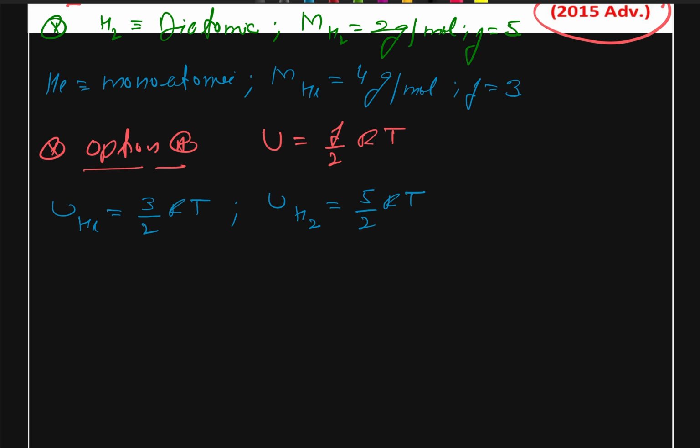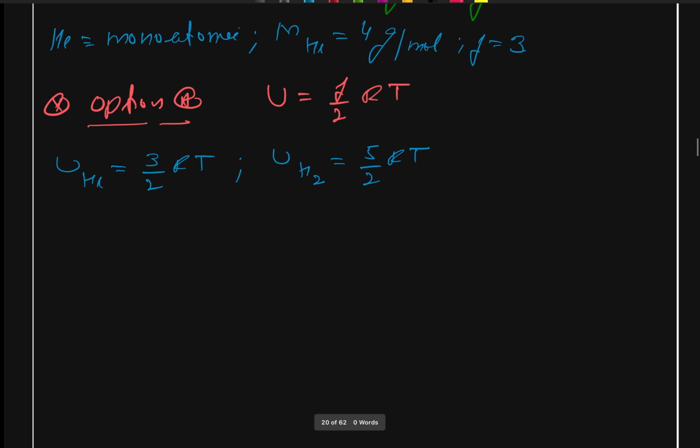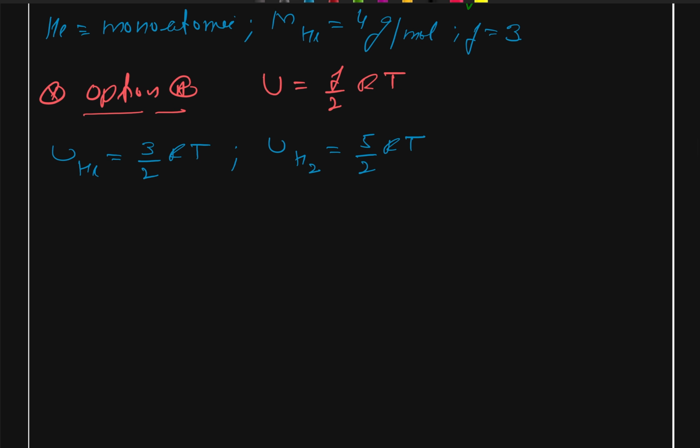And total energy will be equal to energy for helium plus energy because of hydrogen. So this comes as 3 by 2 RT plus 5 by 2 RT, and this comes as 8 by 2, so this comes as 4 RT.